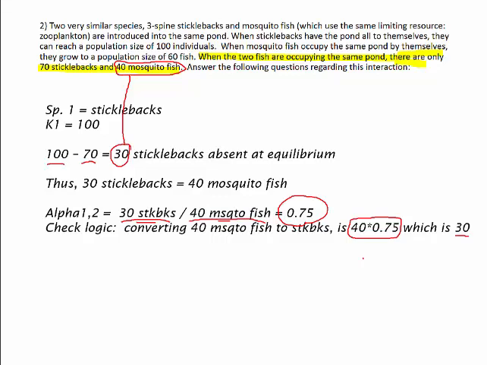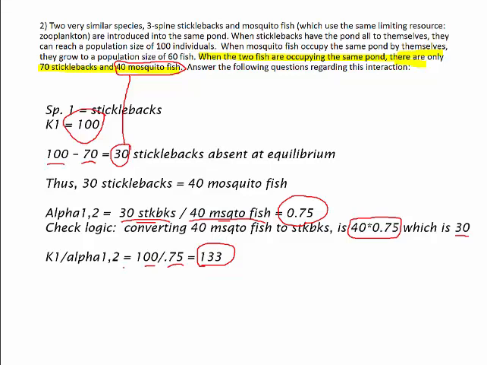So now that we know what alpha 1,2 is, we can figure out how to map the ZNGI for species 1, and that's good because we have to figure out what K1 divided by alpha 1,2 is. And so if we do that, and the math's pretty straightforward here, we take the K1, which is 100, and we divide that by alpha 1,2, which is 0.75, and that equals 133.